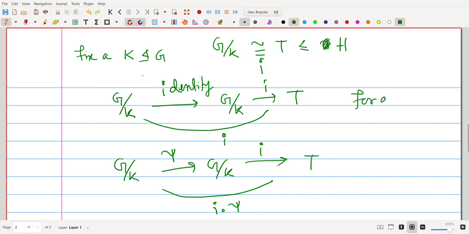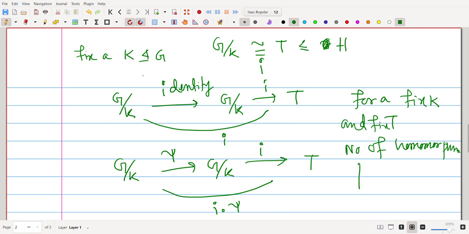So for a fixed K and a fixed T, the number of homomorphisms you will get is the cardinality of Aut of G mod K, right? Now T can be different, right?